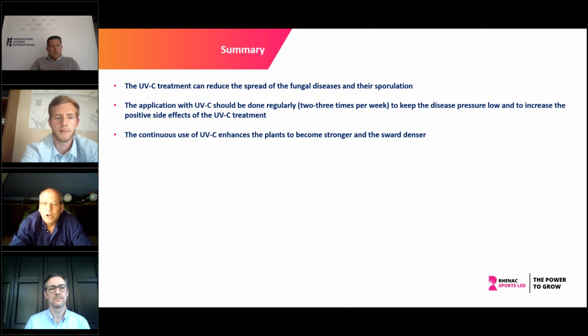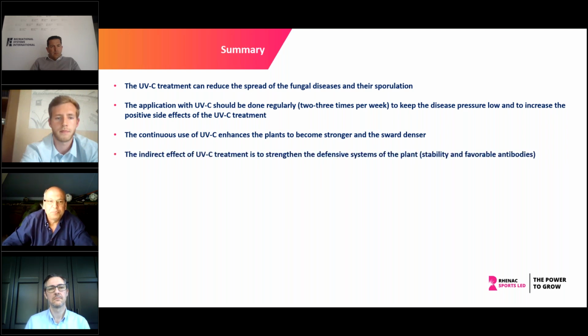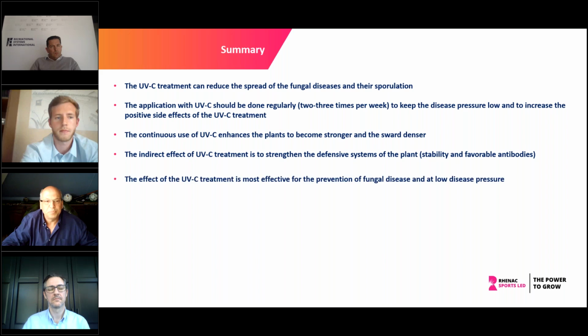Part of that is to enhance the plants to become stronger and the sward denser. That will help the treatment as well. Yeah, the indirect effect is that it strengthens the defensive system of the plant and its stability, and it also enhances the favorable antibodies in the plant. And again, by not giving the fungus a chance to attack the plant, that helps to keep it at a low level.